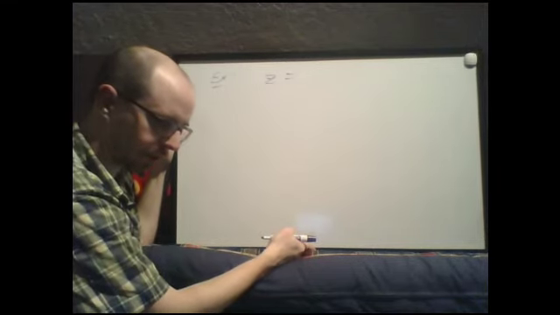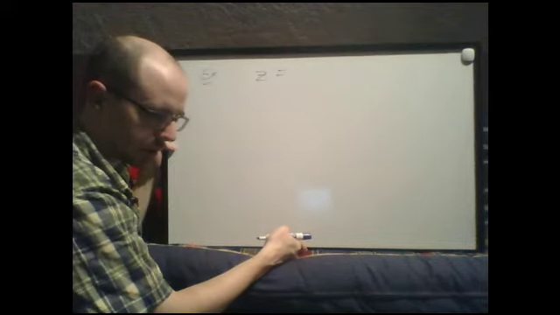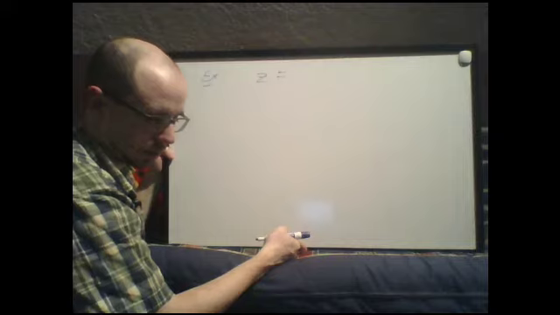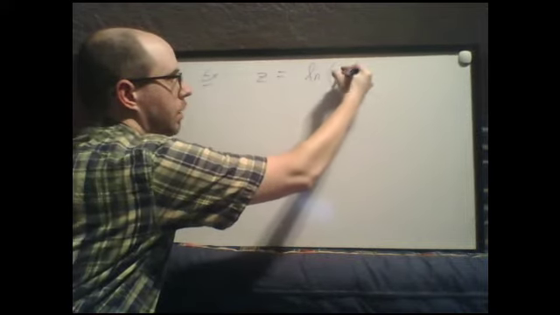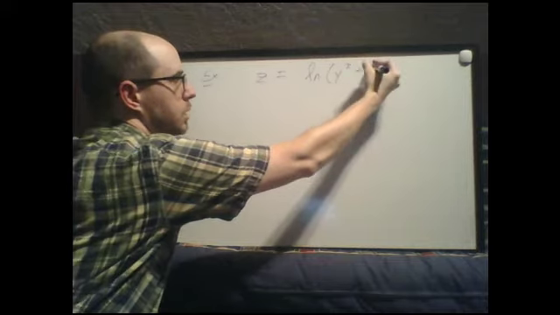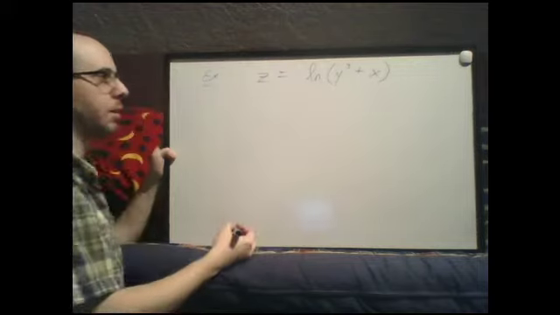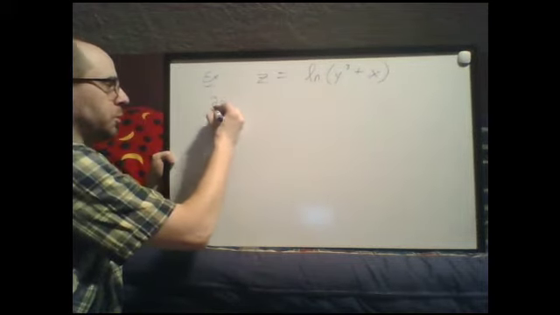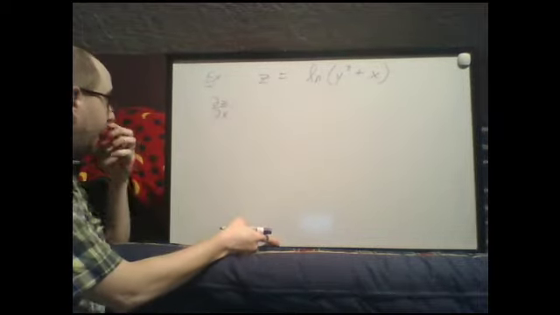Suppose we have z equals ln of y cubed plus x. Then my partial derivatives look like this. dz over dx with our fancy d.